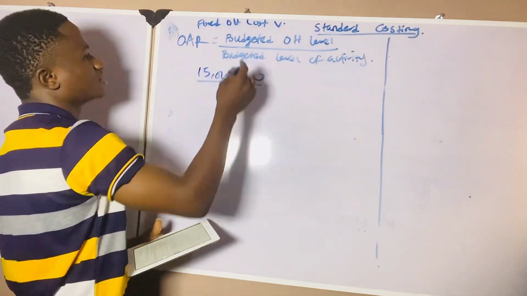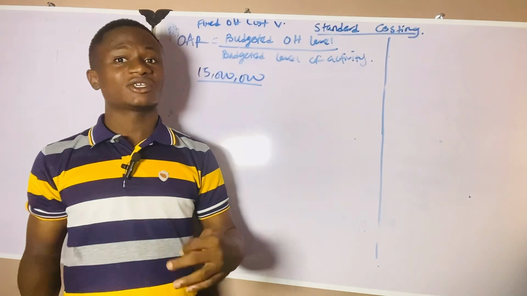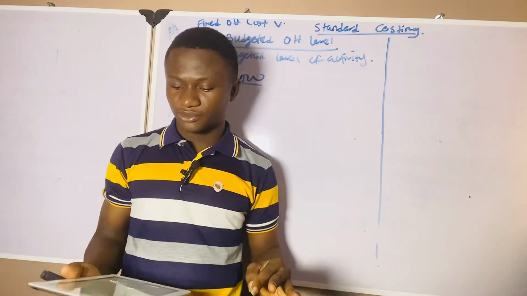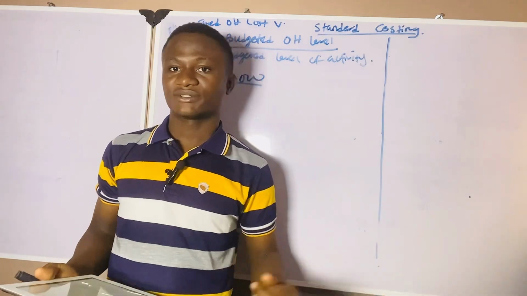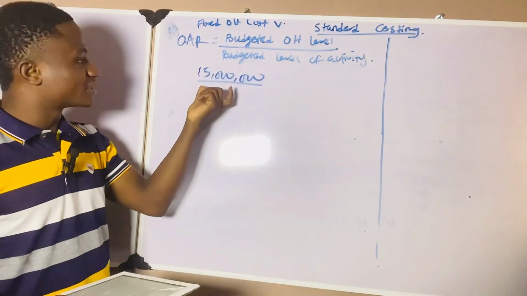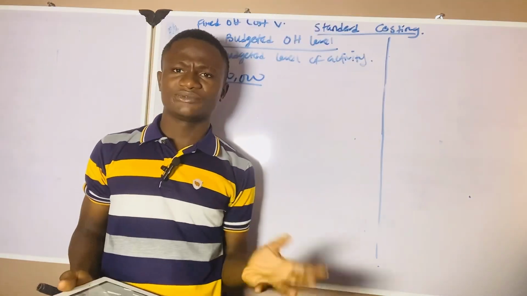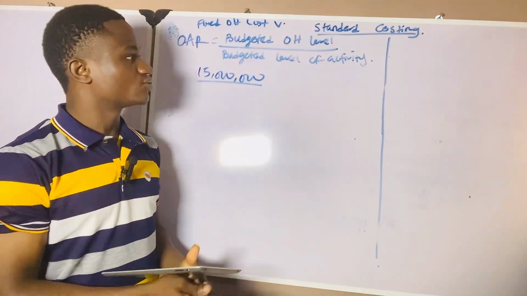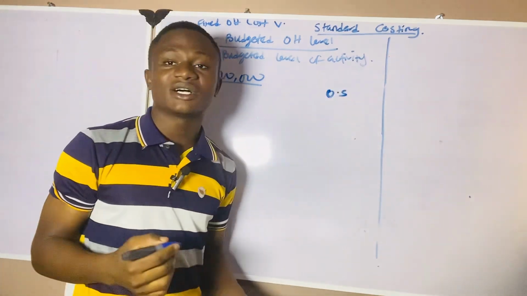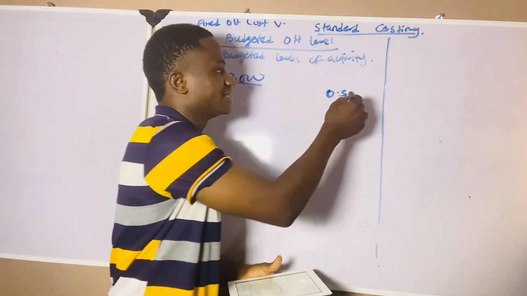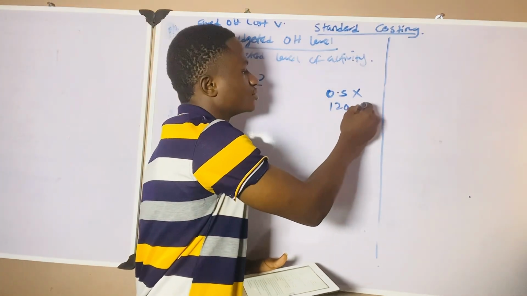So 15 million divided by what? What's the budgeted level of activity? We are already told in the question that all overhead should be absorbed on the basis of direct labor hours. So how many hours does it take in the standard to make the units you want to make? I think we've done that earlier, and that is 60,000, because it takes 0.5 hours, 30 minutes, to make one, and what we budget to produce is 120,000 units.